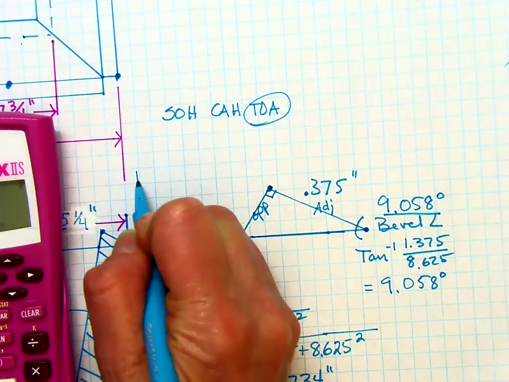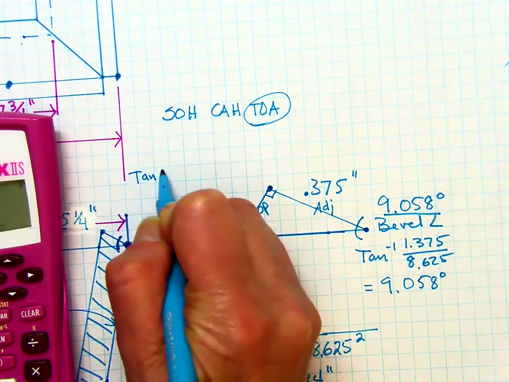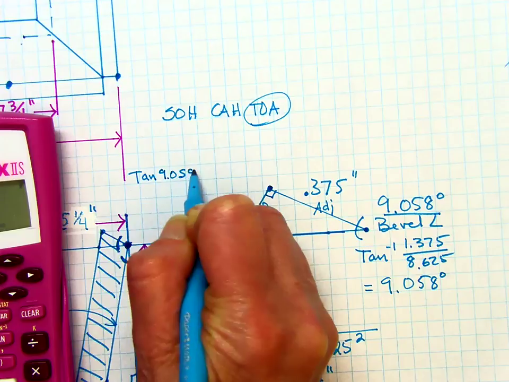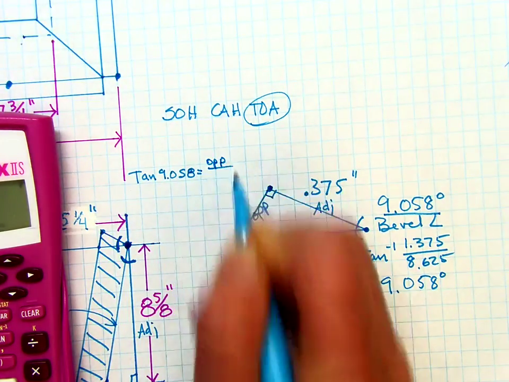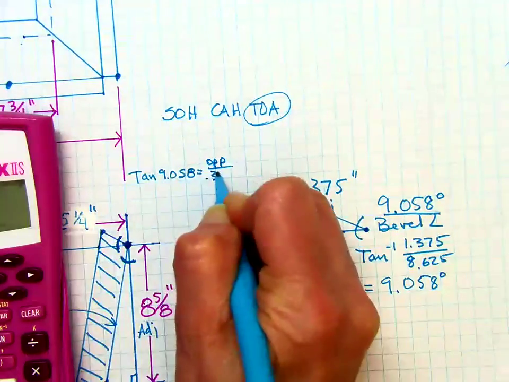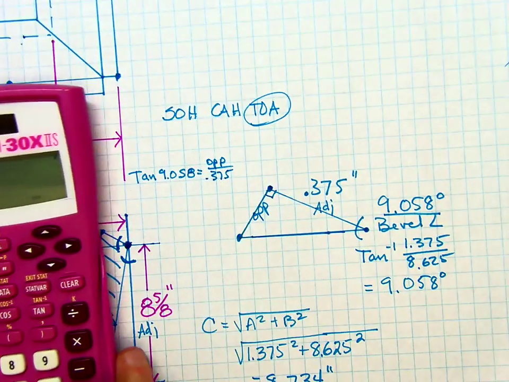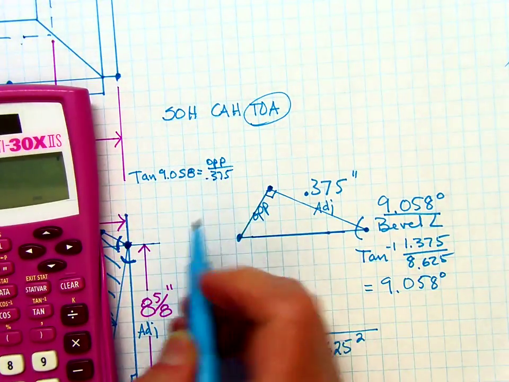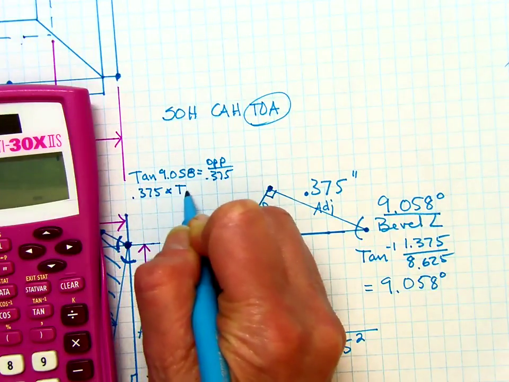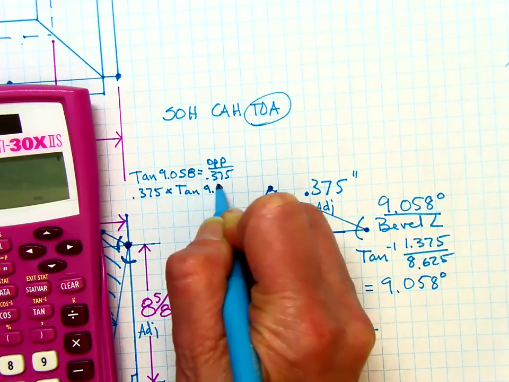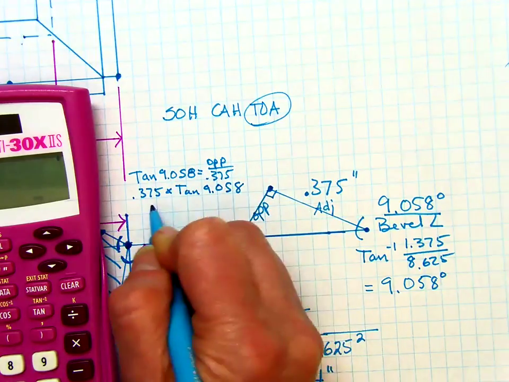So I'm going to set that up, tan 9.058 equals opposite over 0.375. That's going to be a multiplication problem. We're going to go 0.375 times tan 9.058.